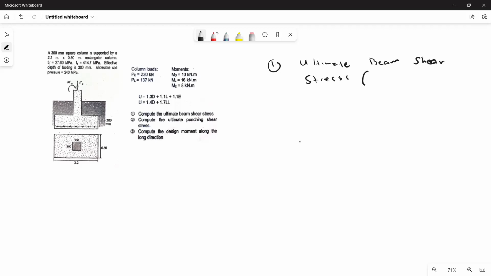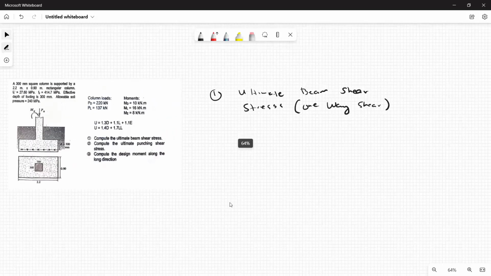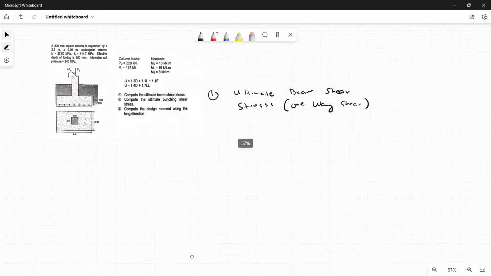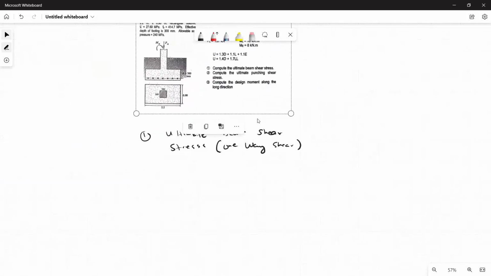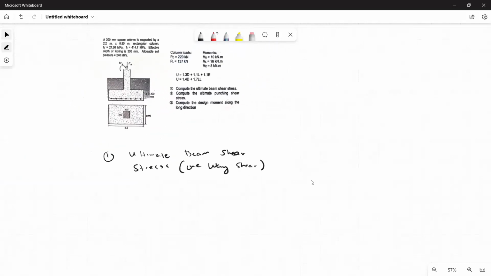Di ba, siya rin yung one-way shear. Siya rin yung one-way shear stress.